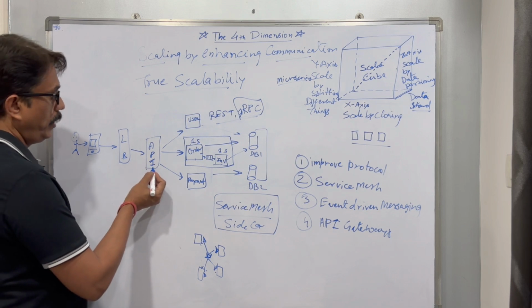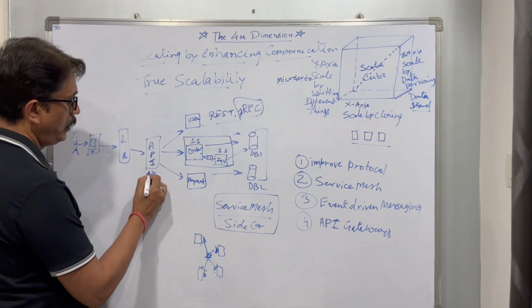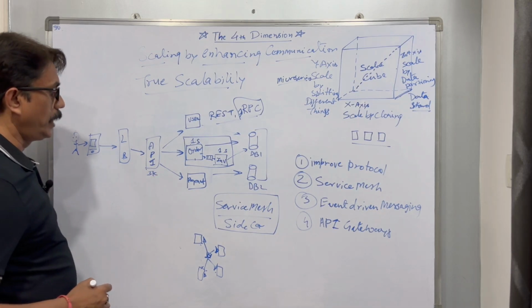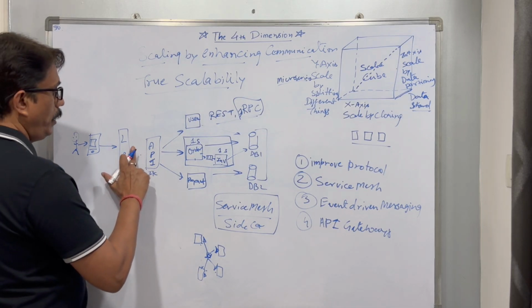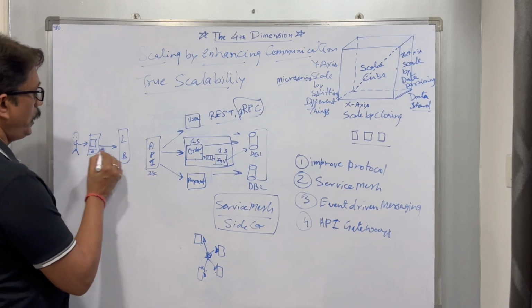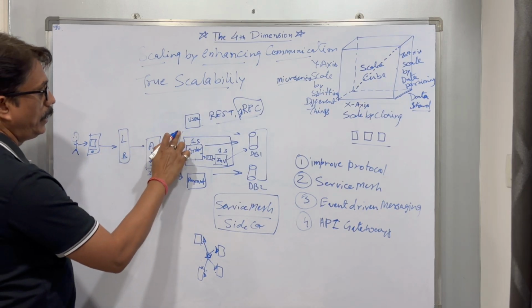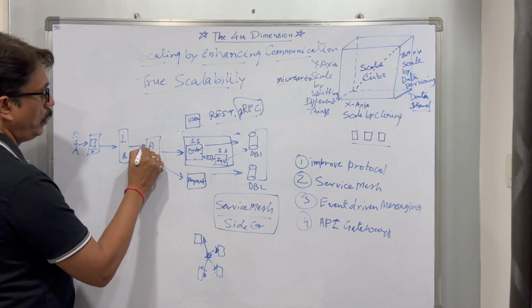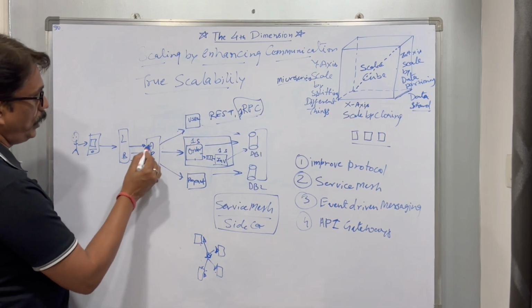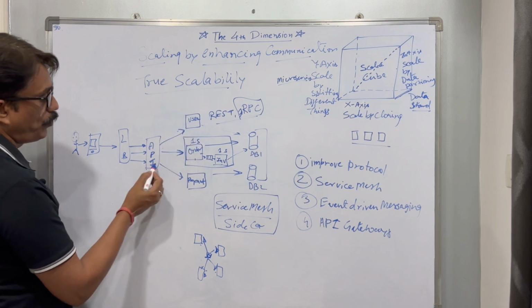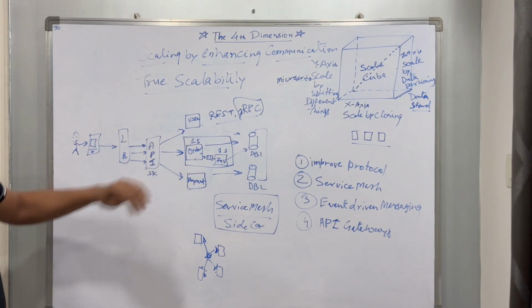Now here suppose this API gateway's capacity is 3k requests at a time. If we are sending these requests from the client directly to here, then we have to send 3 requests to the API gateway, one for user, one for order, one for payment, or maybe different services in a flow.